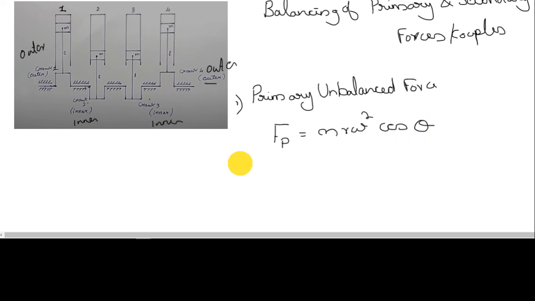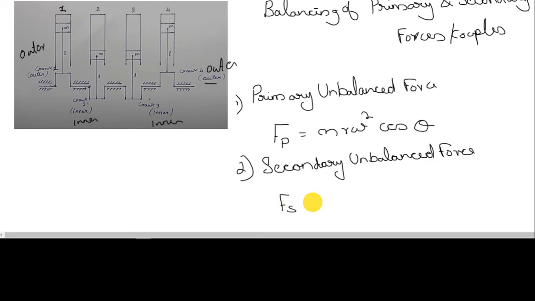And the secondary unbalanced force, which we neglected yesterday for partial balancing, that is Fs, S for secondary, F for force, and here P for primary.